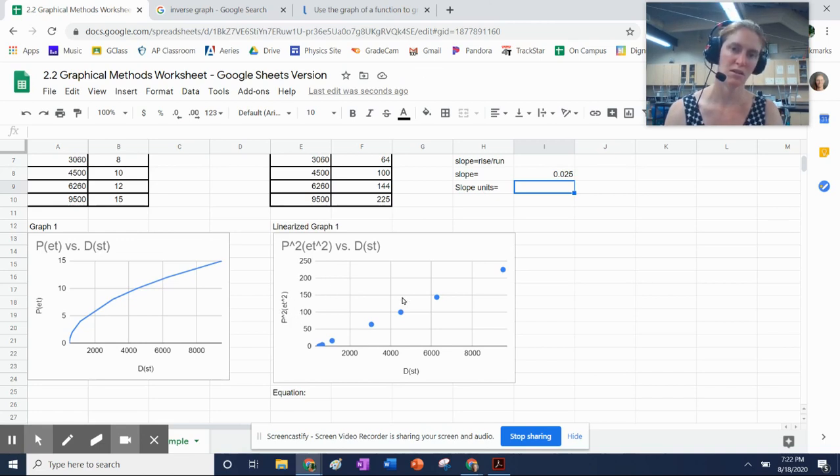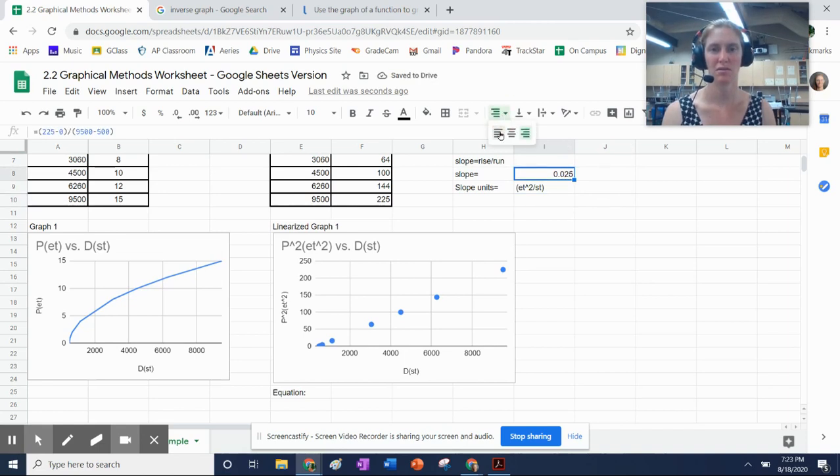So my rise units are ET squared divided by my horizontal units, which are STs. Who knows what that is? I'm going to put this in parentheses so I remember that those are my units.